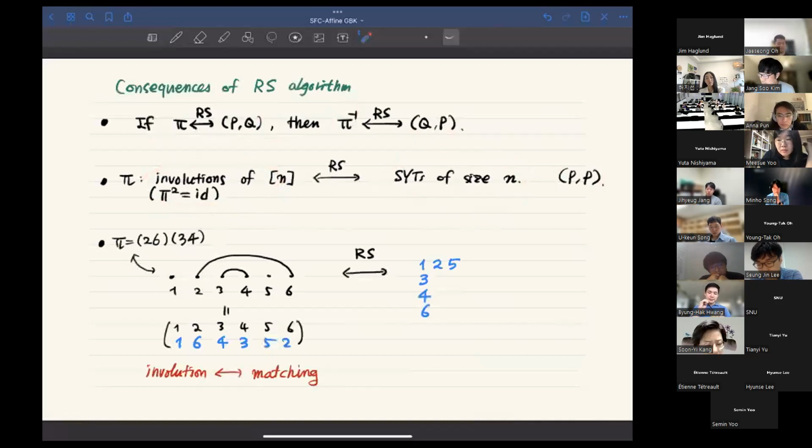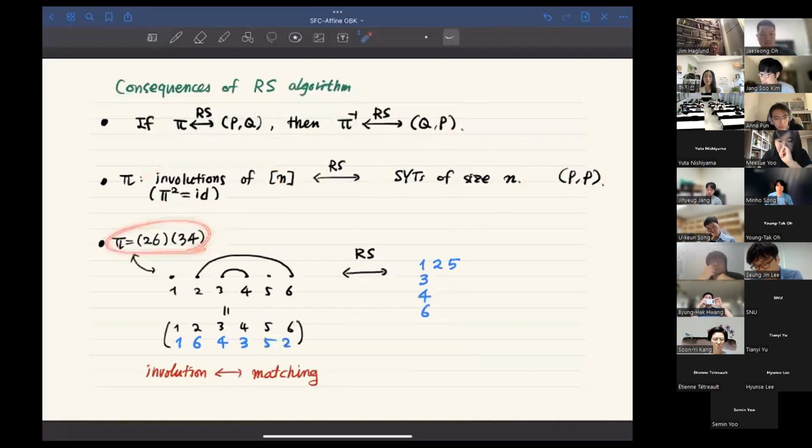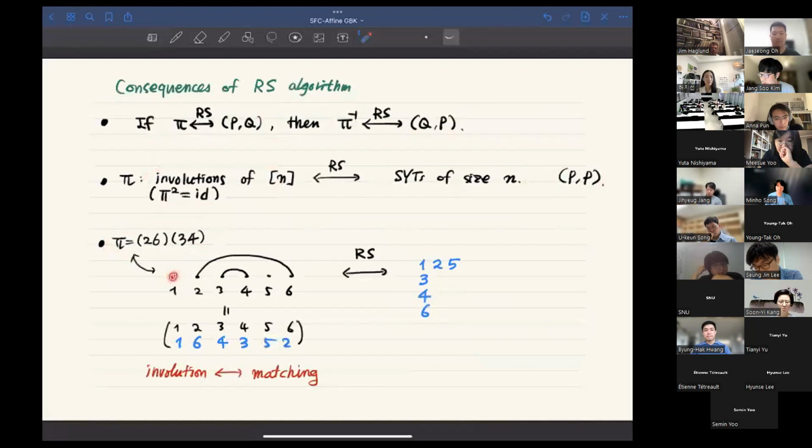And there are several ways of looking at involutions, and we will consider these as matchings. So an involution is a permutation such that every cycle is either of length 1 or length 2. A length 1 cycle means just a fixed point. So if a permutation has just two cycles of length 2, (2, 6) and (3, 4), then we can represent this as a matching in this way. A singleton, or fixed point, means that it is fixed by this permutation.